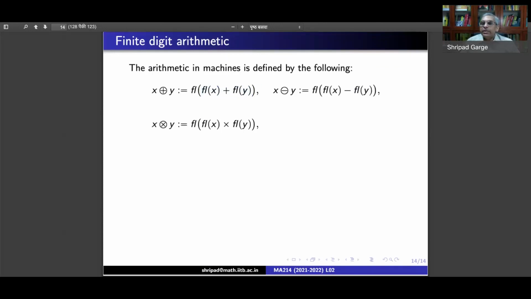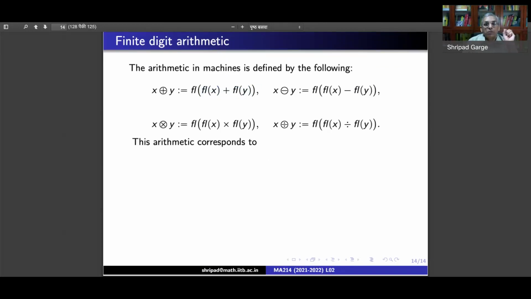For addition and subtraction, you may not see much change. Once you have taken floating point representations, the actual result that you get and the floating point representation of the result may not differ much. But for product and division, there may be a significant change.